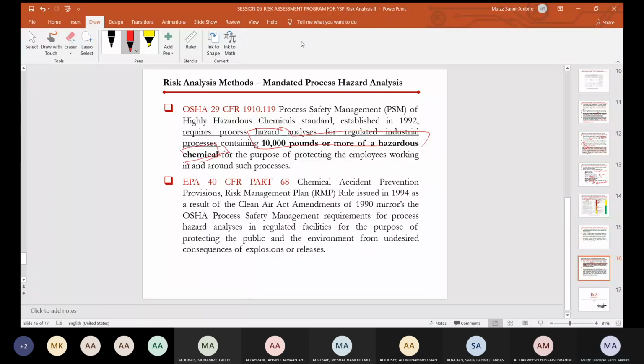As for OSHA, OSHA gives a strict regulation in terms of how much material a company can keep at one point in time. And they put the limit at 10,000 pounds, which means that if it's more than 10,000 pounds, then definitely they're going to be arrested or fined or given a violation or citation or things like that.